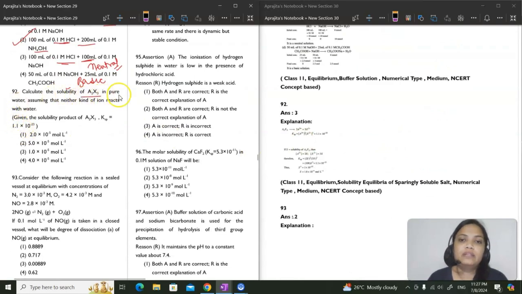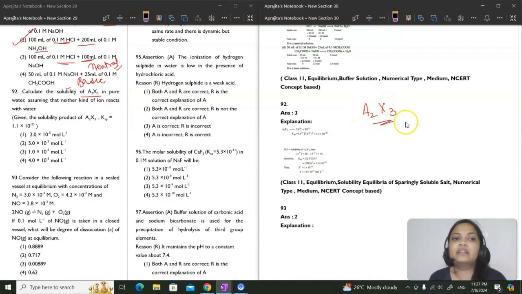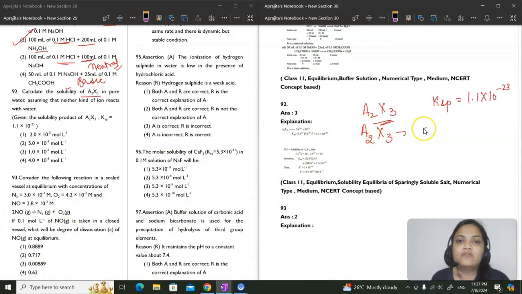Calculate the solubility of A2X3 in pure water, assuming that neither kind of ion reacts with water. Okay, the solubility product is given as 1.1 into 10 to the power minus 23. So you know that A2X3 will be ionized like this: 2A 3 positive and 3X 2 minus.